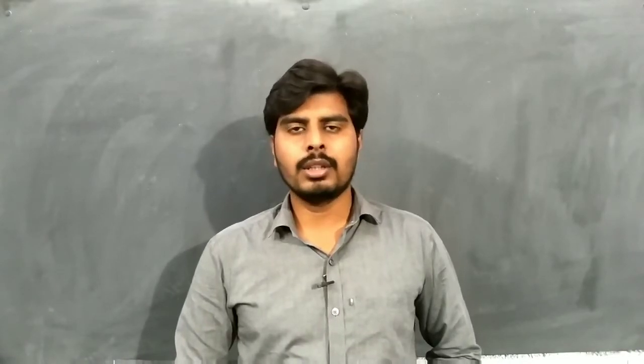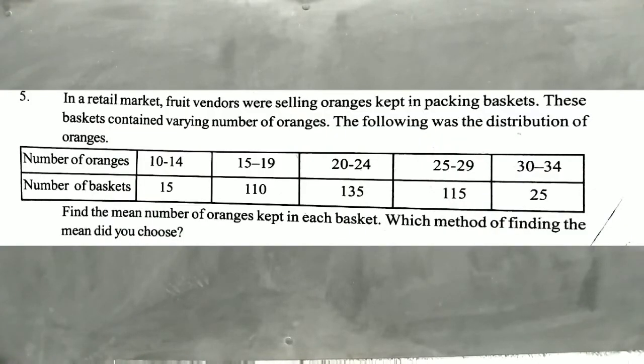Exercise 14.1, problem number 5. Look at the question. In a retail market, fruit vendors were selling oranges kept in packing baskets. These baskets contained a varying number of oranges. The following was the distribution of oranges. So given the number of oranges and the number of baskets to keep them.